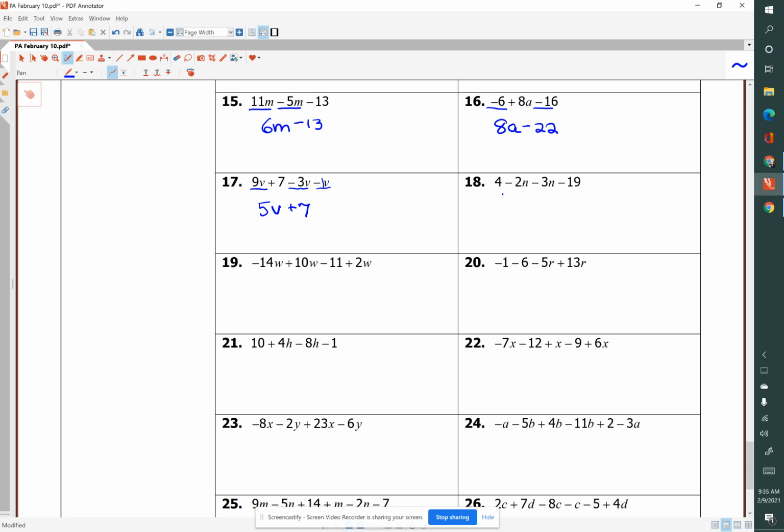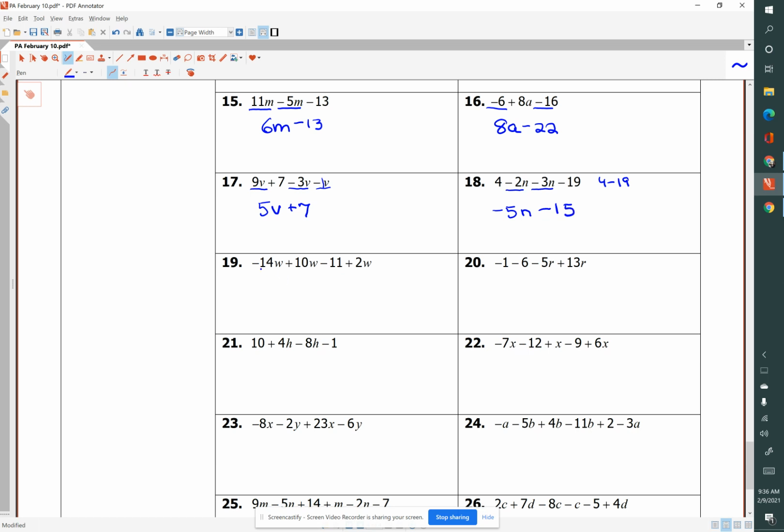Number 18, 4 minus 2n minus 3n minus 19. Well, let's combine negative 2n minus 3n, which gives us negative 5n. And then we have 4 minus 19, which is negative 15.